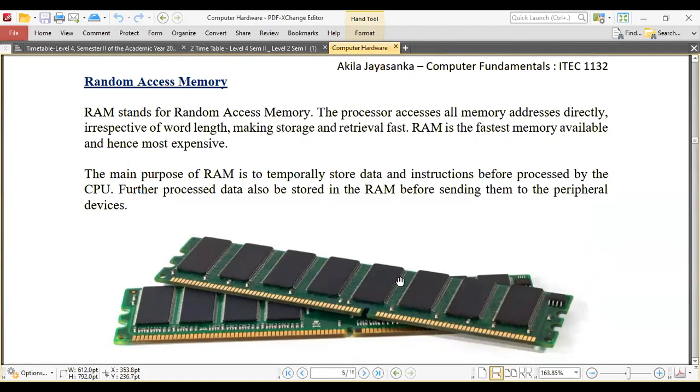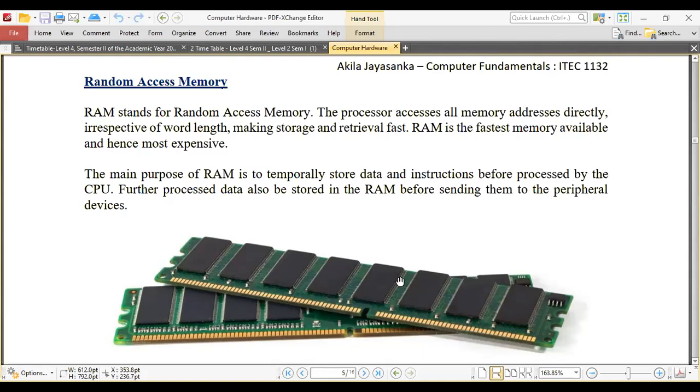As I explained earlier, all the data and instructions will be stored in the RAM before processing, and after processing also they will be stored in the RAM before sending to the output devices or storage devices. So understand that RAM is the main component which keeps all the data and instructions which are to be processed currently. If I open a program, that will be loaded in RAM.